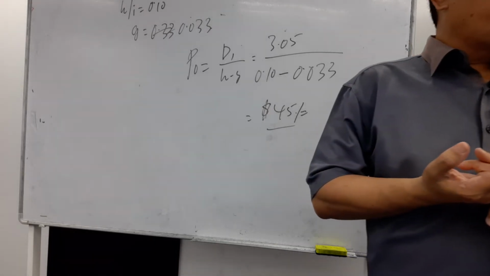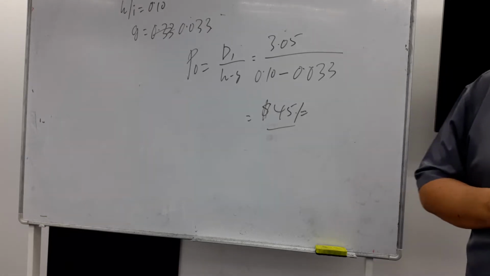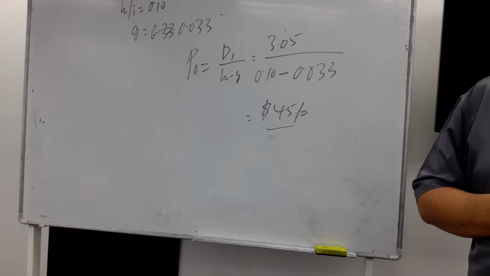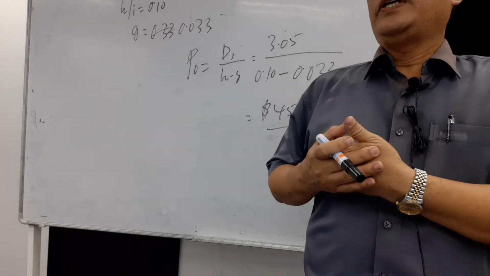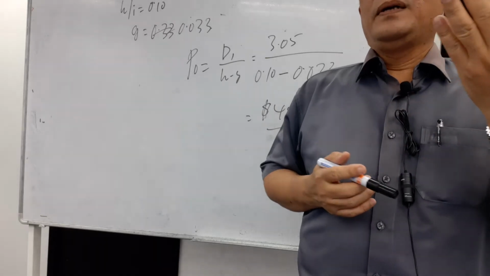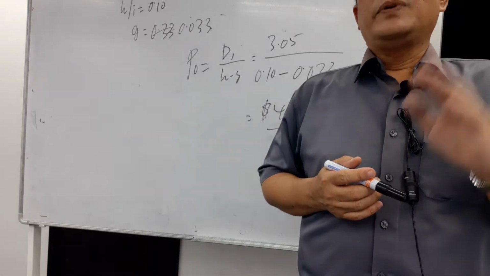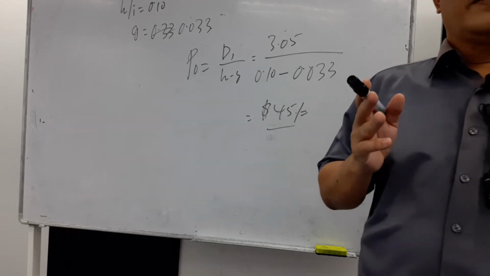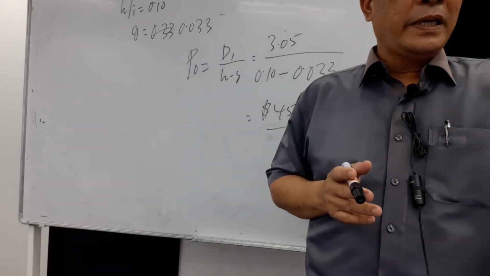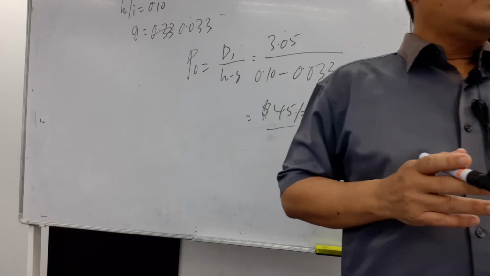Valuation with temporary supernormal growth, or multi-stage growth assumption, is a bit more complicated. Out of these 4 techniques, this is the most tricky one. So you have to listen carefully, and if you do not understand the first time on this technique, don't worry because you are normal students.